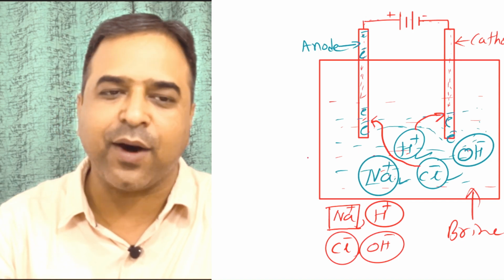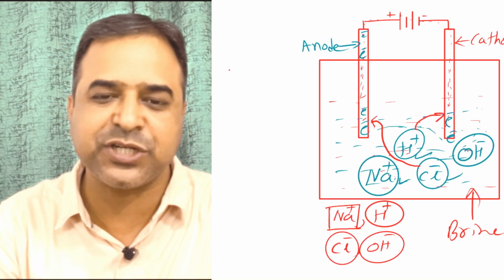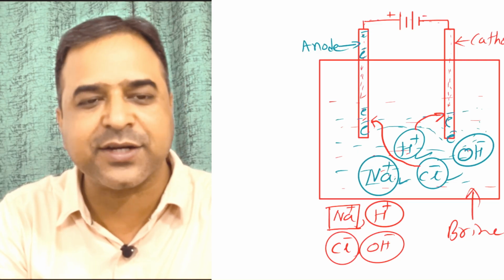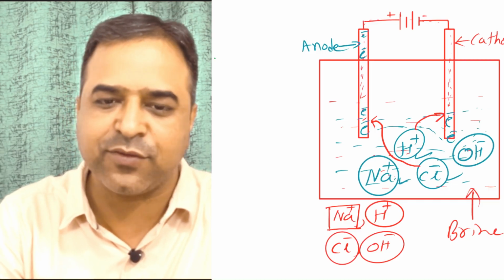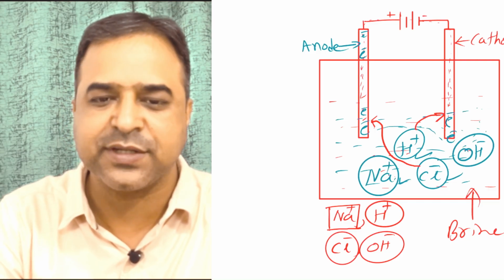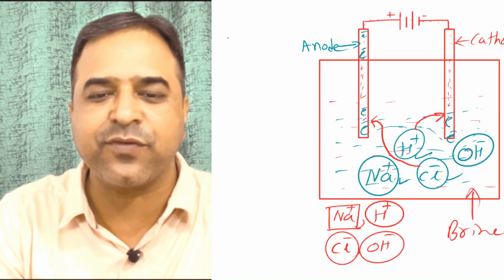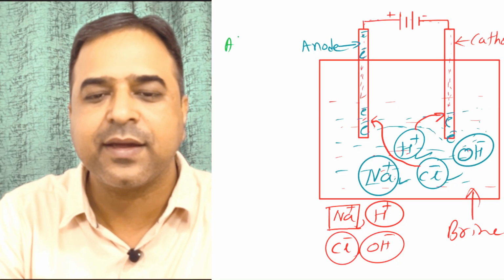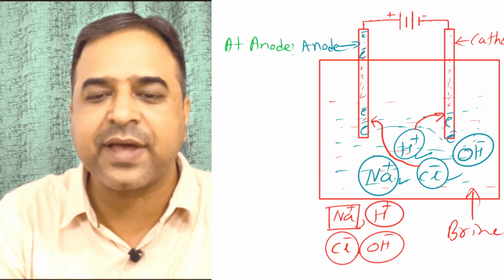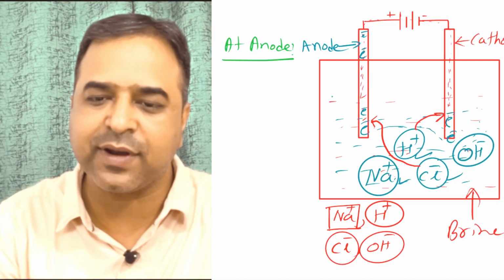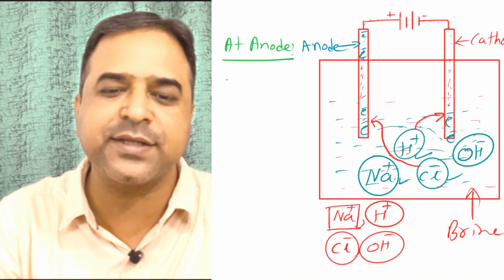Now, if in the exam it is asked where oxidation takes place and where reduction takes place, for that you will write half equations. So what is happening here at the anode? Here at the anode, who is going there? Chloride ion is going.